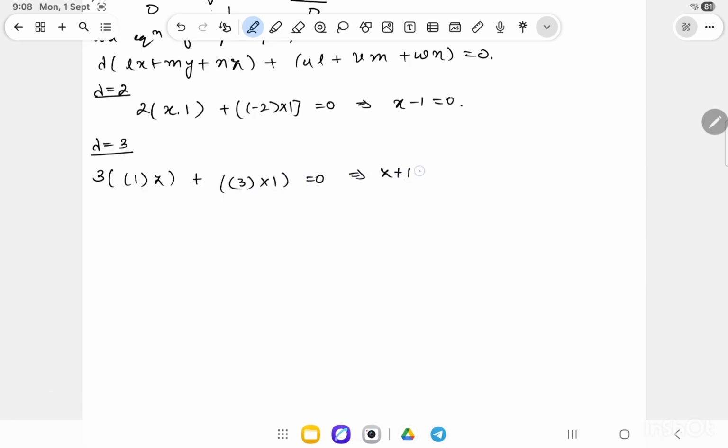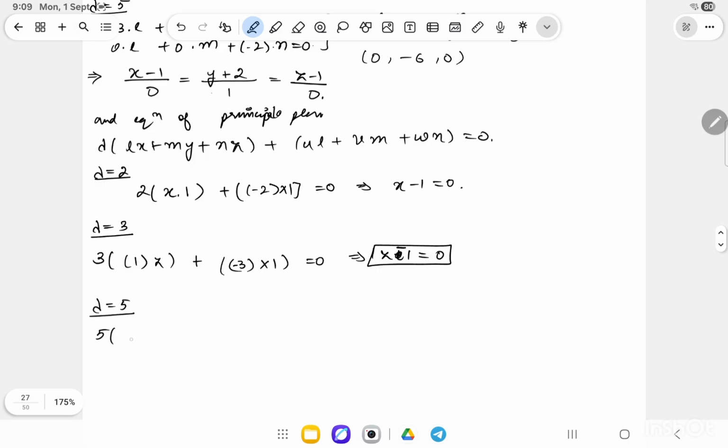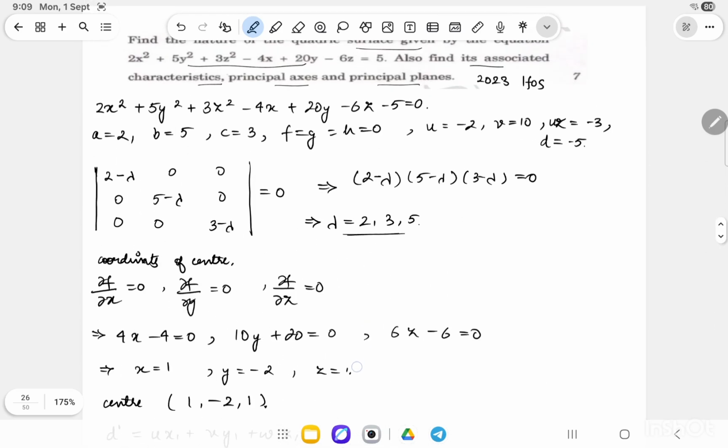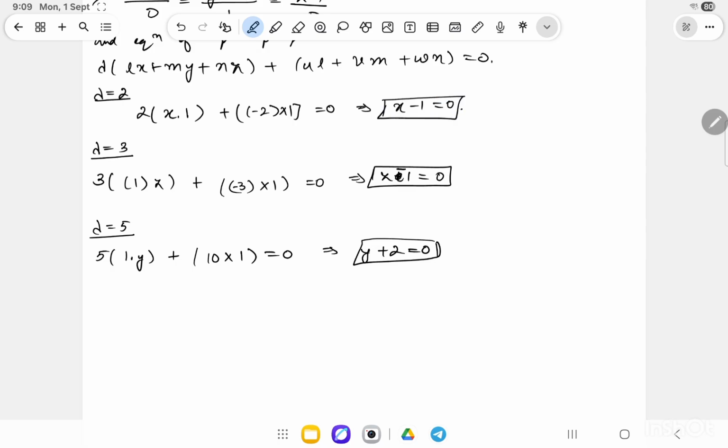So z plus 1 is equals to 0, that is z minus 1 equals to 0, is the principal plane when my lambda is 3. Likewise, when my lambda is 5, then L and N are 0 and M is 1, so 1 into y plus my V is 10, so 10 into 1 is equals to 0. So y plus 2 is equals to 0 is basically my third plane when my lambda is 5.